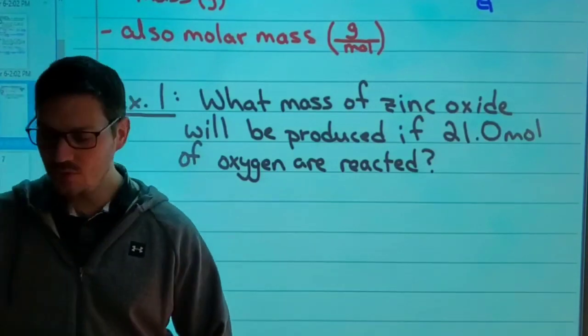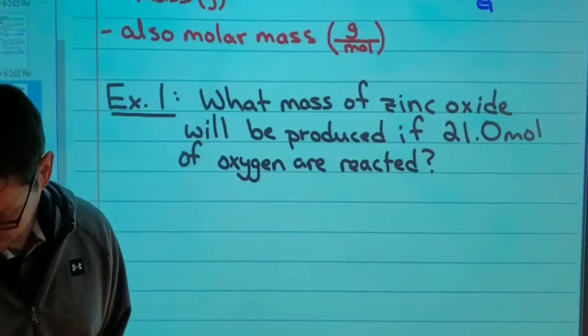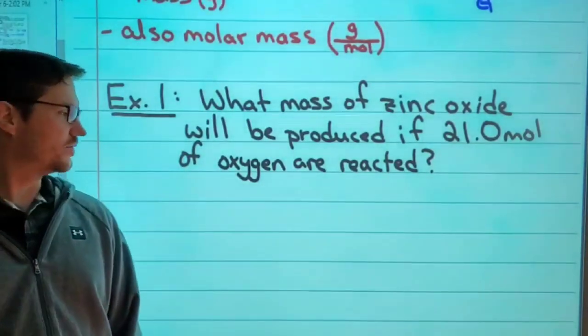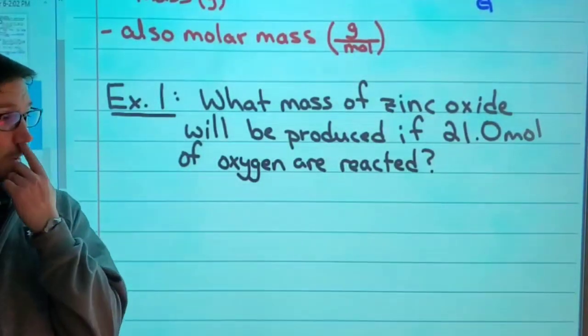Give you a second to write that down. What mass of zinc oxide will be produced if 21.0 moles of oxygen are reacted?